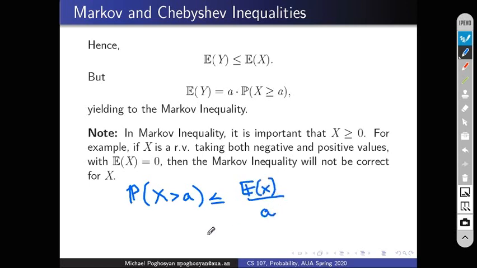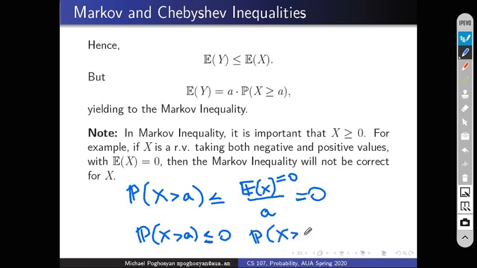So if this is 0, we will get 0 here. So we will have the probability that x is taking values larger than a is less or equal than 0. The probability cannot be less than 0, so it will always be equal to 0. So probability that x is larger than a is always 0 for any positive a.